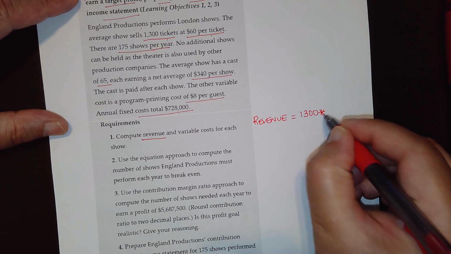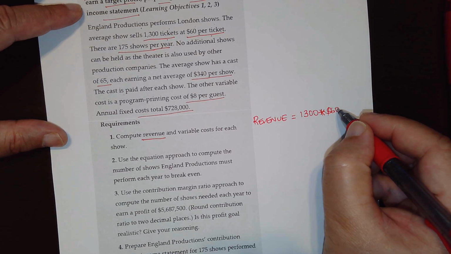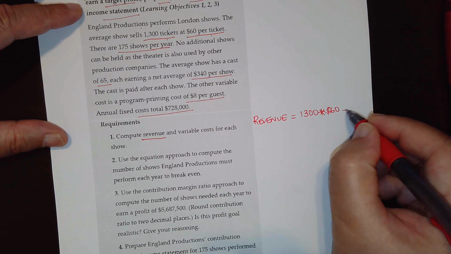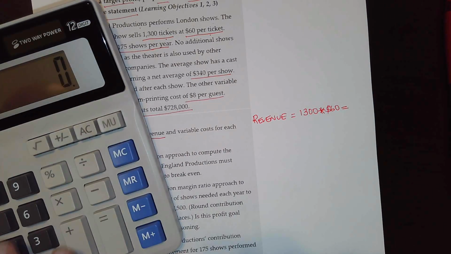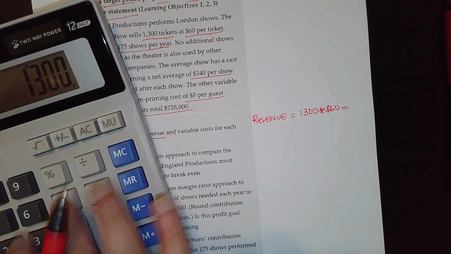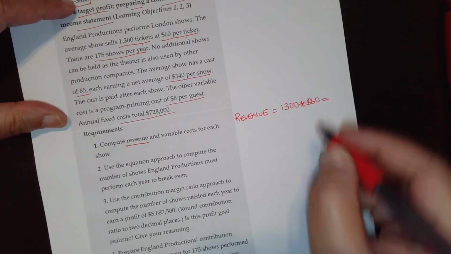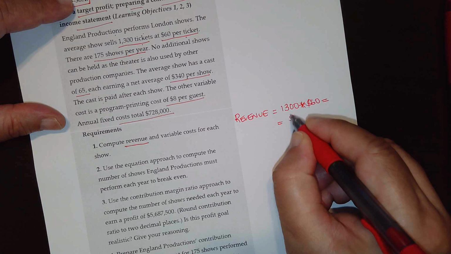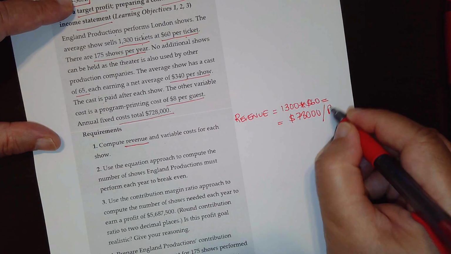So we multiply 1,300 by 60 per show, which is equal to 78,000. So this $78,000 is the revenue we are making per show.